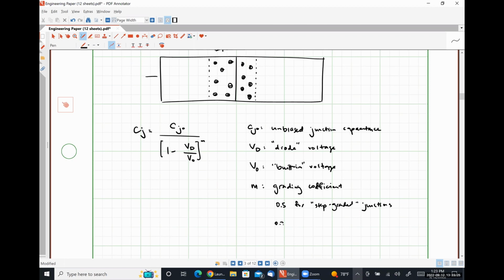And 0.333, or 1/3, for what are called linearly graded junctions. As the name implies, a linearly graded junction is one where the carrier concentration changes in a linear fashion from one side of the crystal to the other, as opposed to an abrupt shift from N-type material to P-type material.